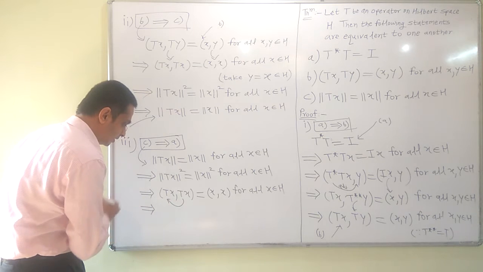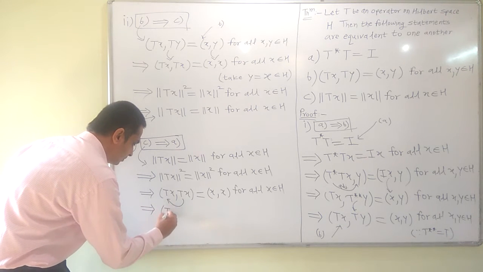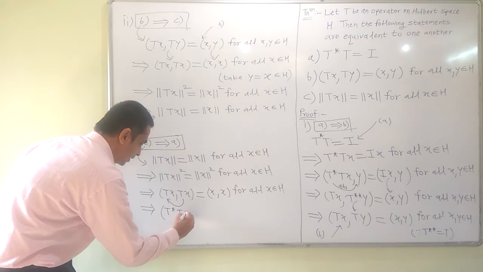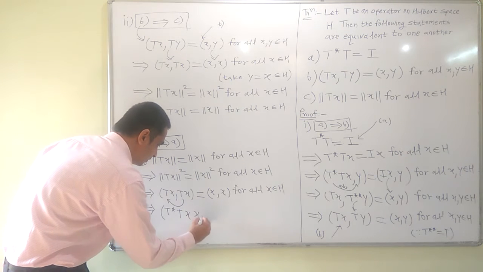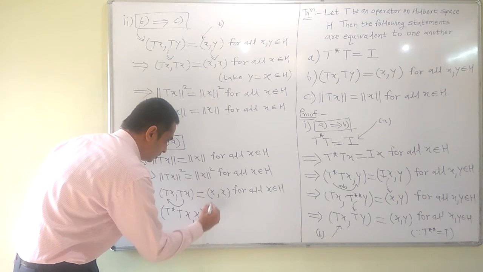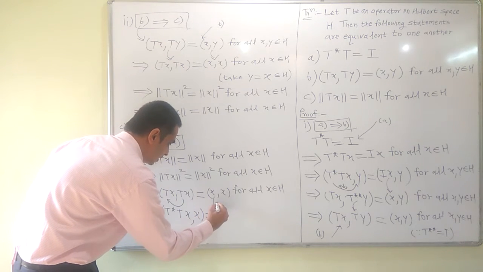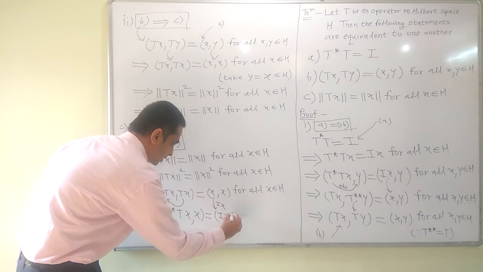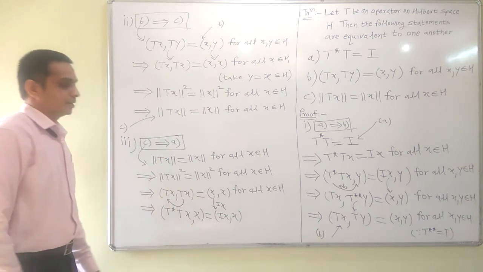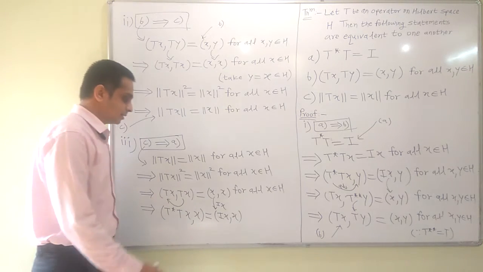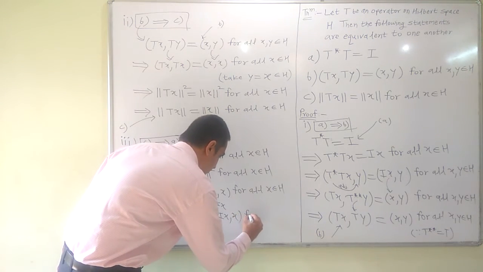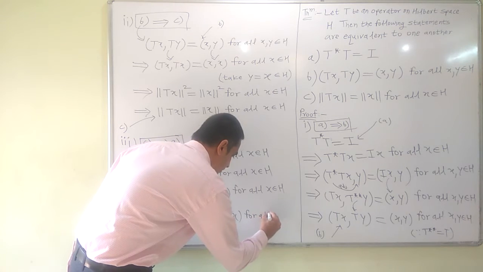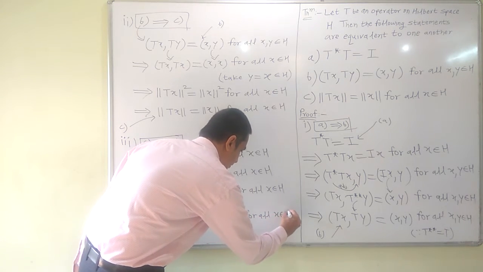So what we will get is inner product of T star Tx with x is equal to this x. I am going to write it as Ix. So inner product of Ix and x for all x belongs to H.